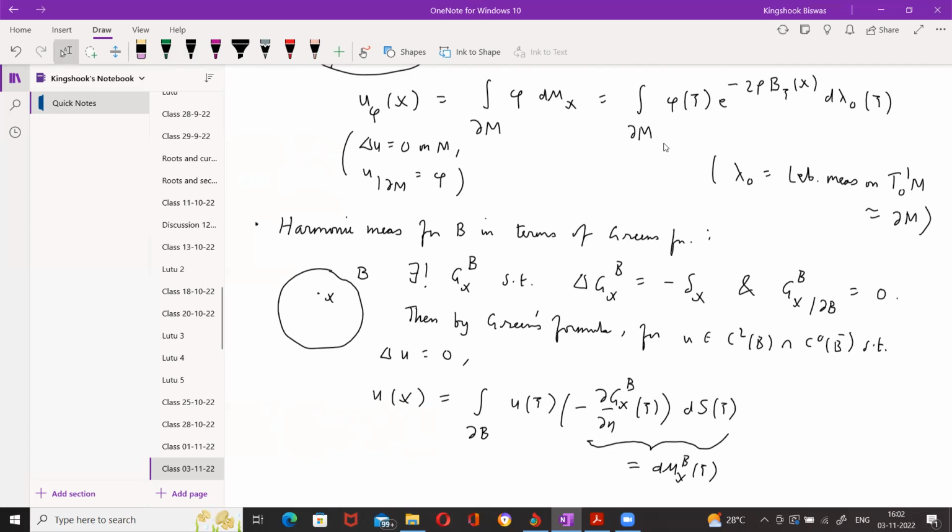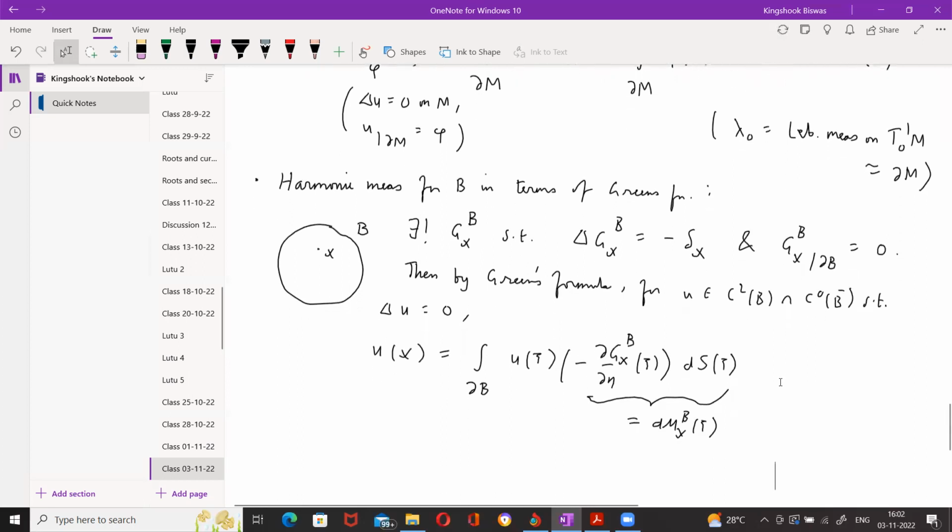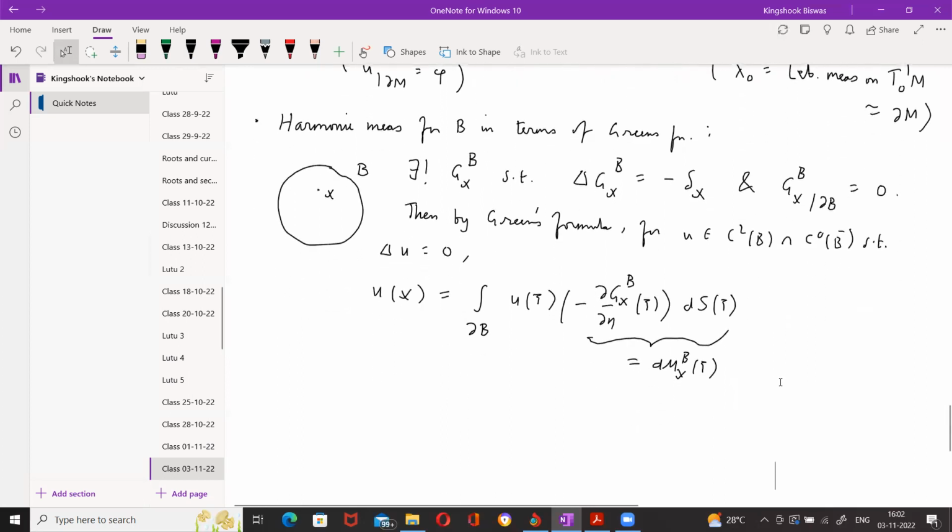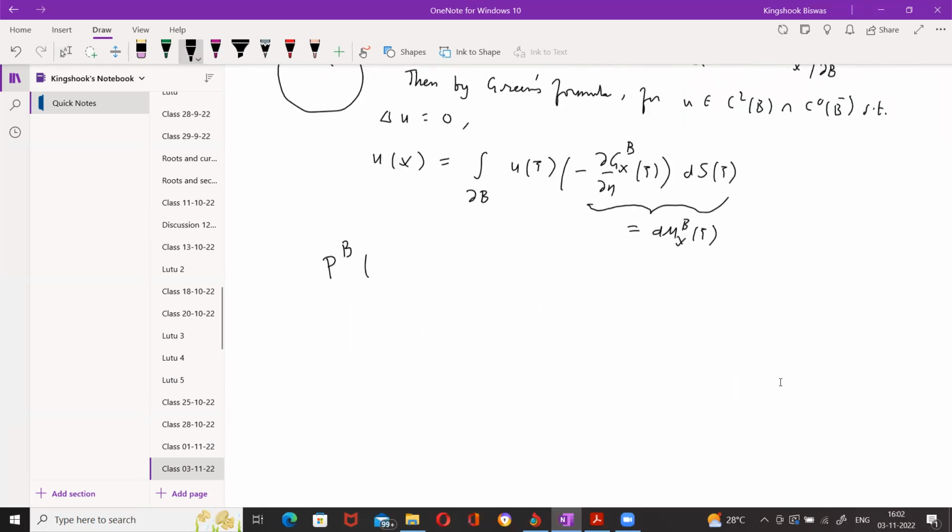So the Poisson kernel, P B of x, psi, I'll just write this and finish, is equal to del G X B over del N of psi divided by del G O B over del N of psi. Yeah, so that's it.